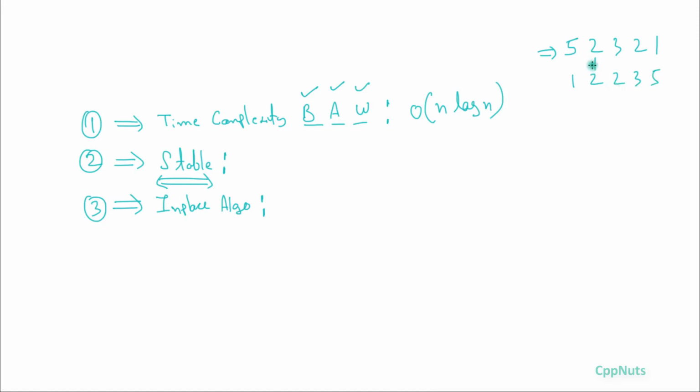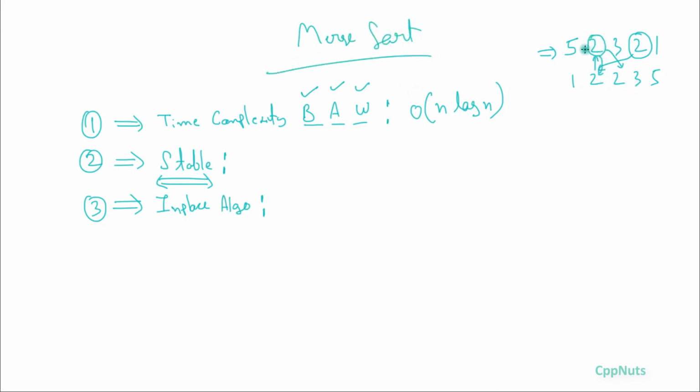But this 2 is already at this location, and the stability concept tells that if this 2 is at correct position, then this 2 only should be at the final position. Okay. We should not mistakenly place this 2 here and this 2 here. No. Then this algorithm will not be stable. Okay. But this is a stable algorithm. Merge sort is a stable algorithm.